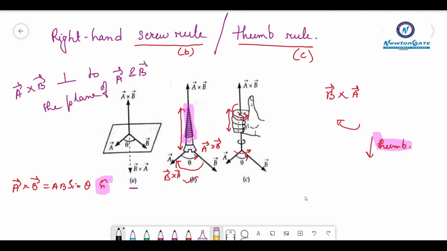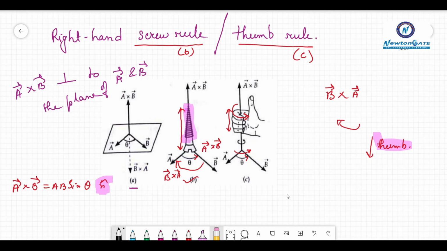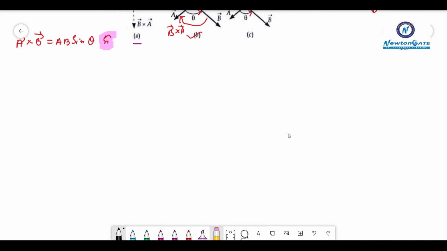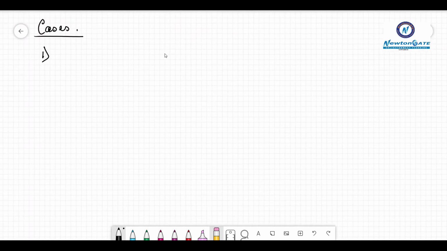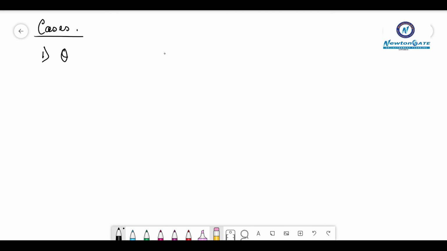So now let's get back to vector product and the cases that we can see. Case number 1 would be theta, the angle between A and B. If theta is 0 degree, what will be the value of A cross B? It will be AB sine theta n cap. Theta is 0, so sine 0 has a value 0, so it will be 0.